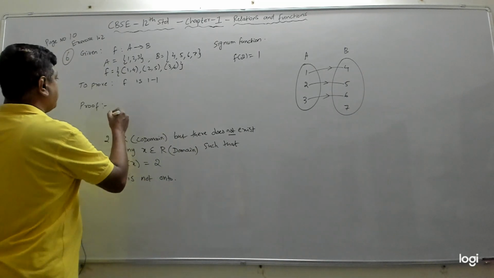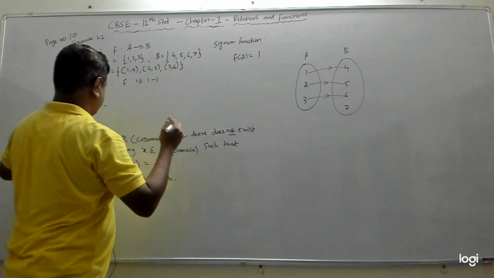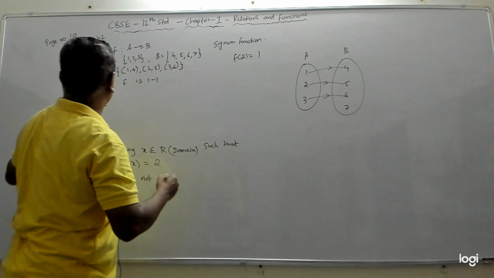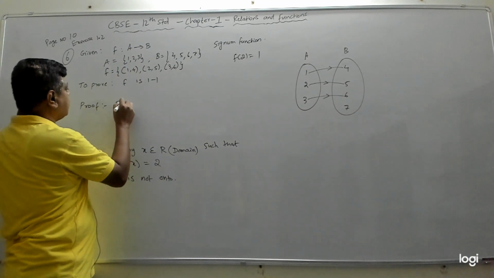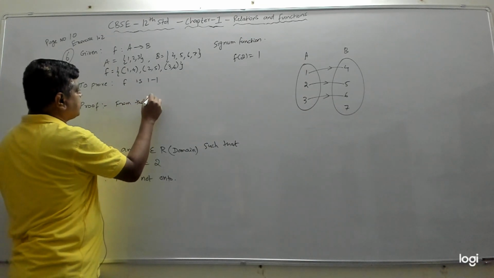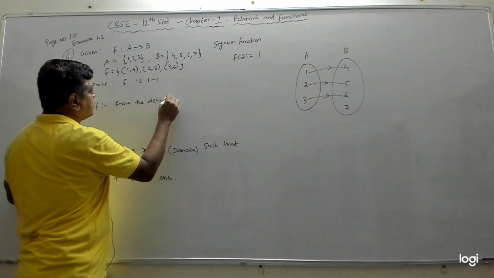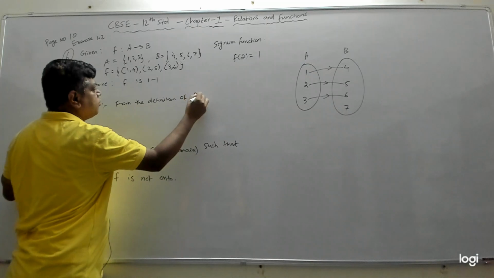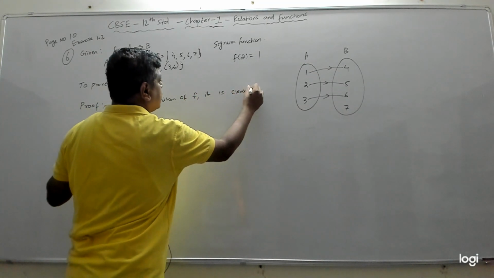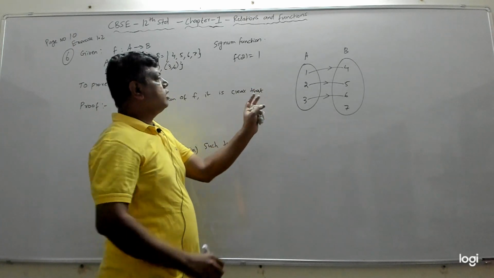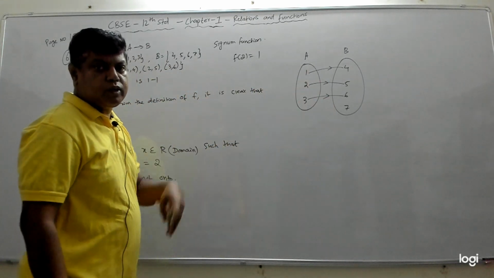So from the definition of f, it is clear that, because it is a very small set, you can clearly see from the arrow diagram that it is 1 to 1.